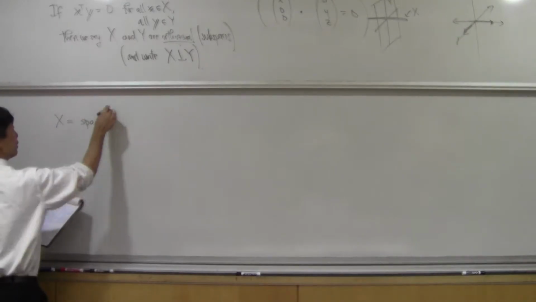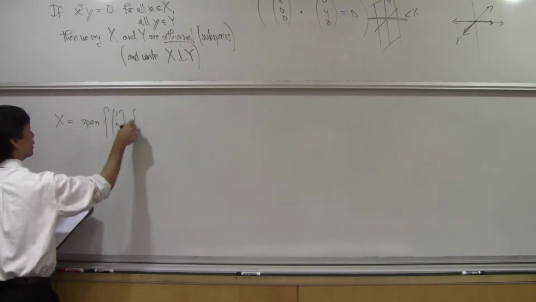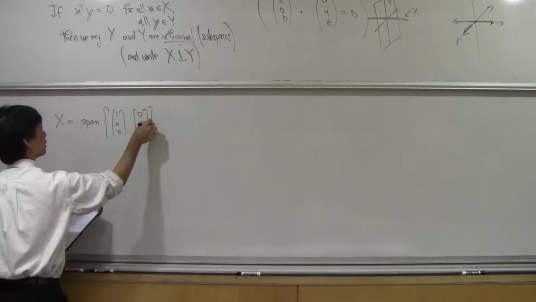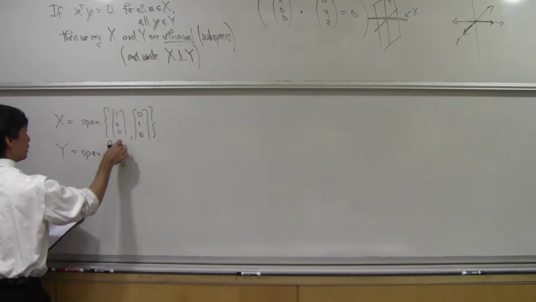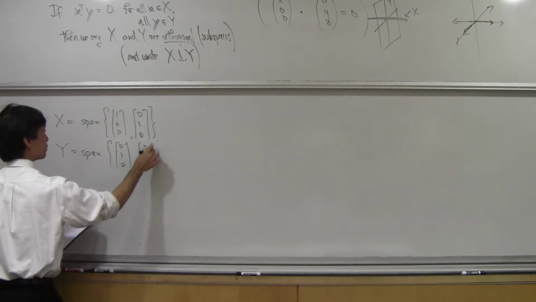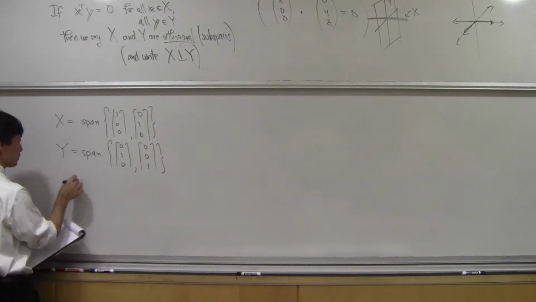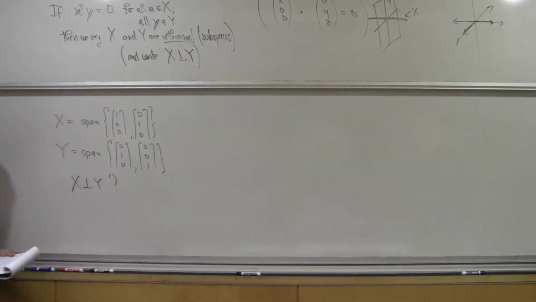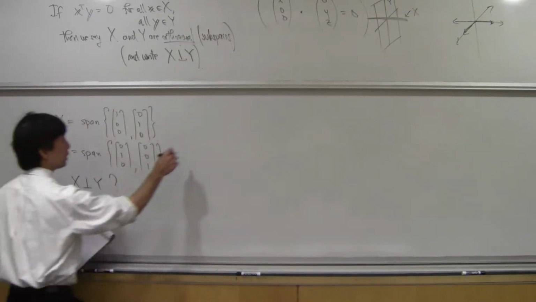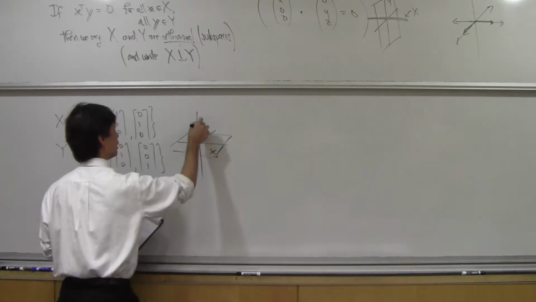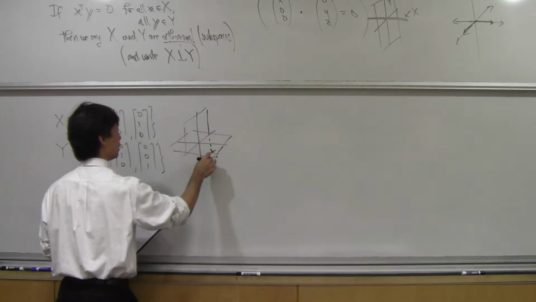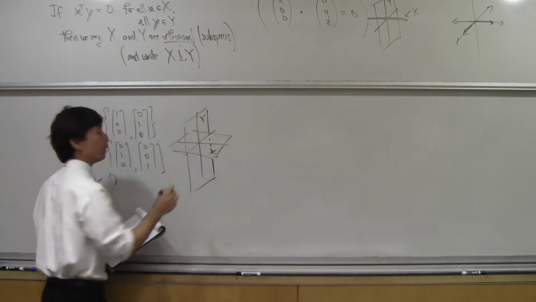What if I have something like this? X is the span of (1, 0, 0) and (0, 1, 0), and Y is the span of (0, 1, 0) and (0, 0, 1). In other words, X is the xy plane, and Y is the yz plane.